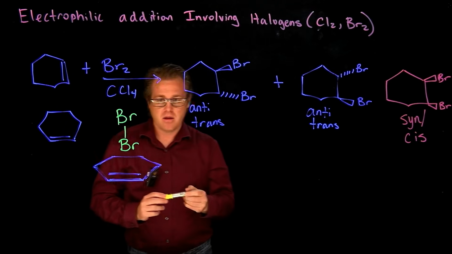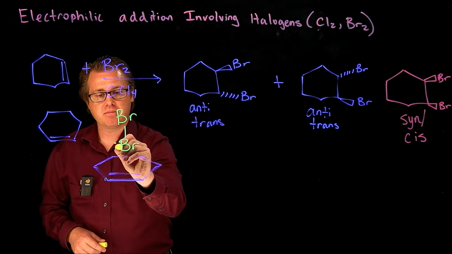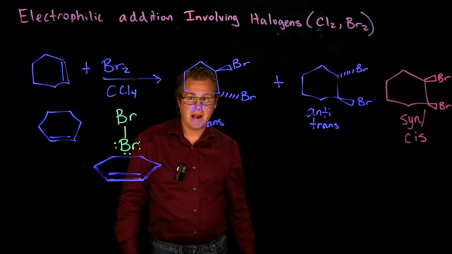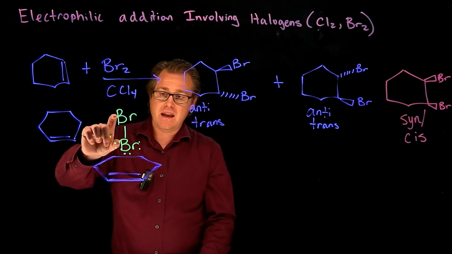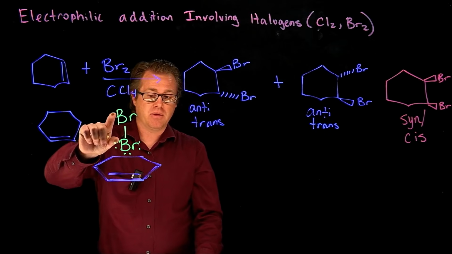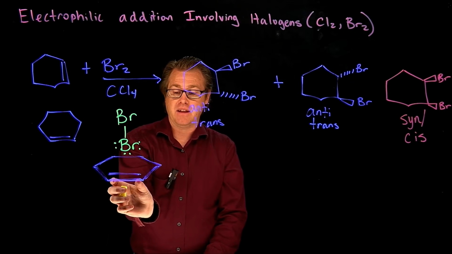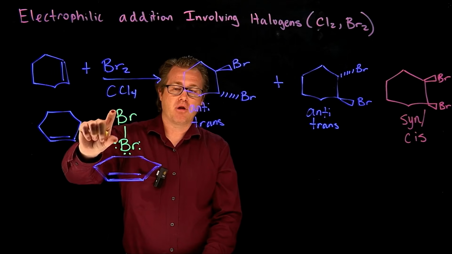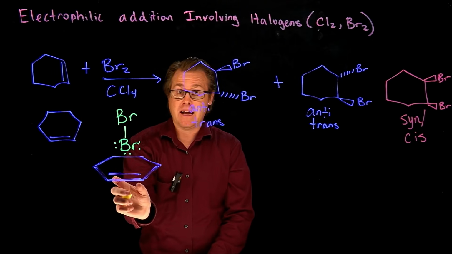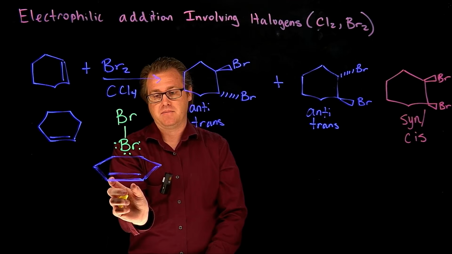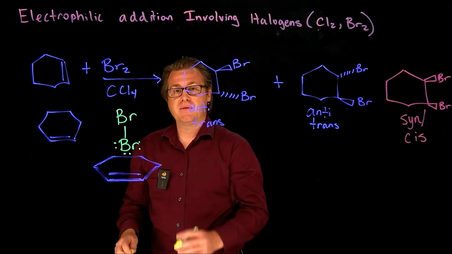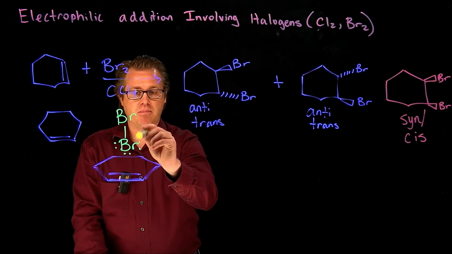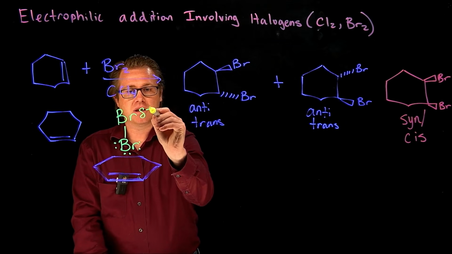But what's happening here is that this bromine right here has some lone pairs. But when bromine gets really close to another electron-rich species, bromine is very polarizable. And so what you're going to generate is a bromine that looks like this.